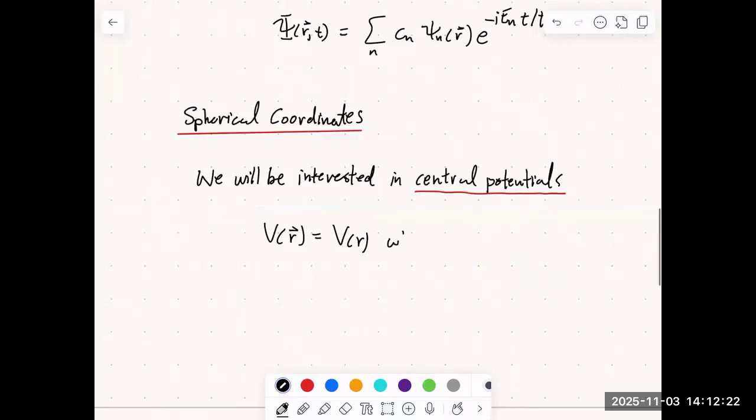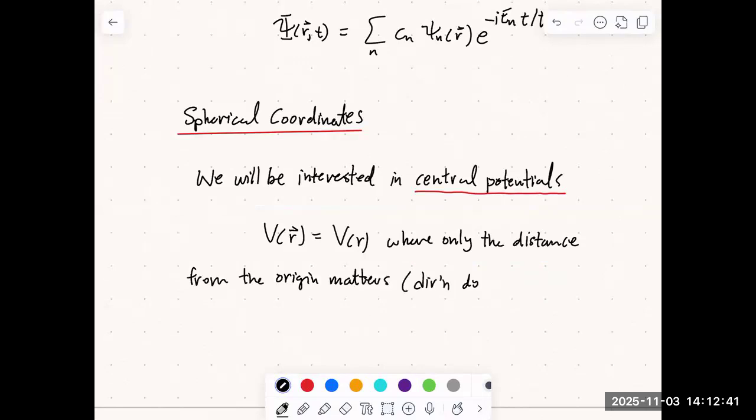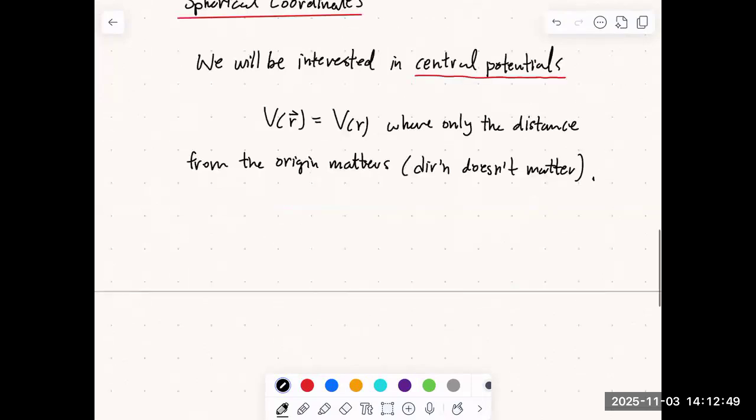Okay, so where only the distance from the, let's say, origin matters. In other words, direction doesn't matter. Okay, so the most obvious example is the Coulomb potential.